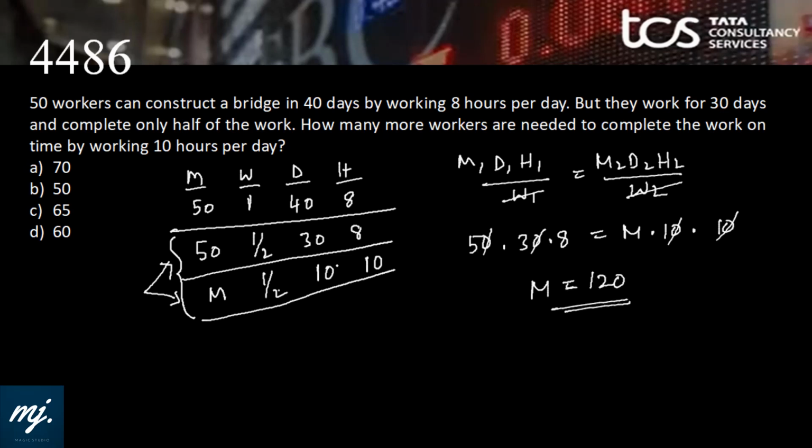We require 120 men to complete the remaining work in the remaining time, working 10 hours a day. But we already have 50 workers who are also ready to work for 10 hours per day as per the given situation. So extra men required are 120 minus 50, that is 70. Option A is the pick.